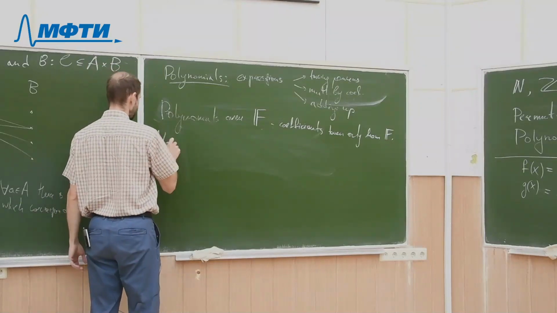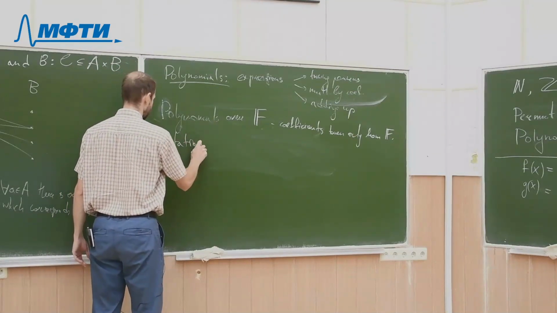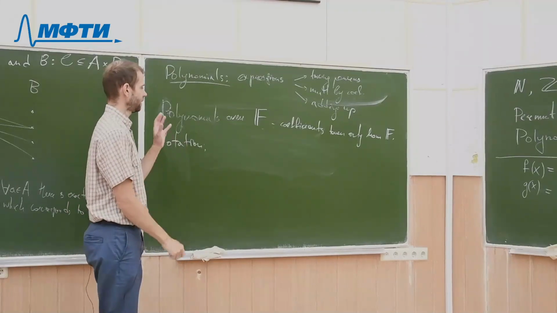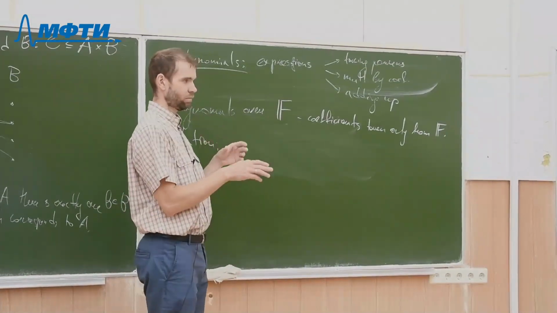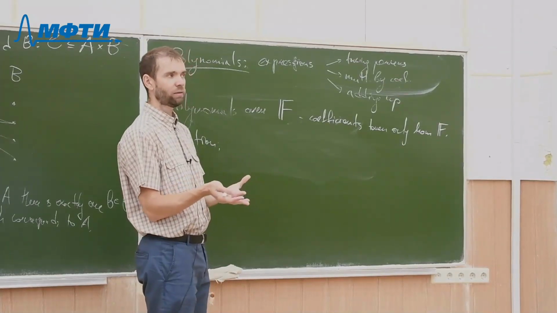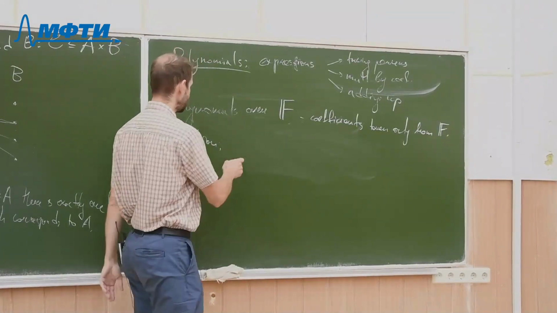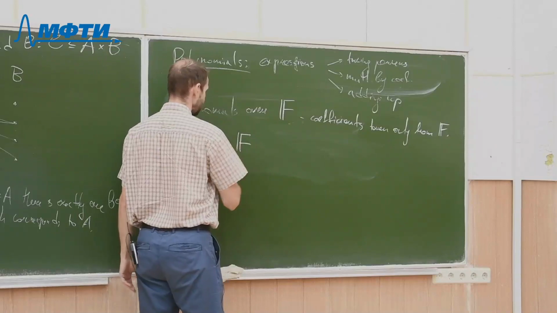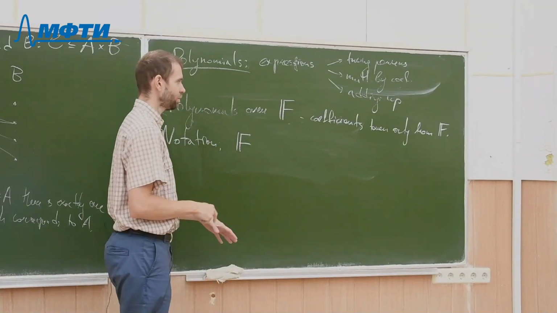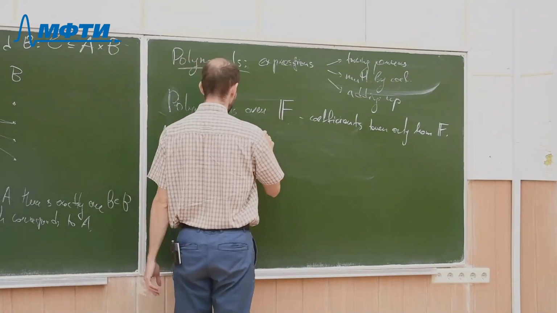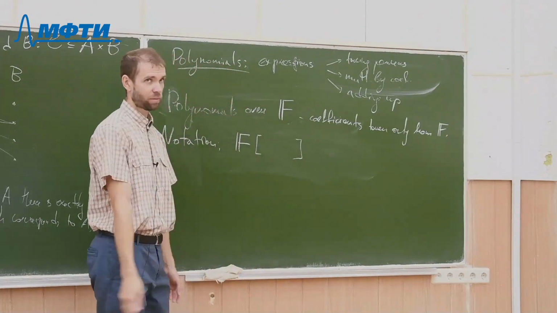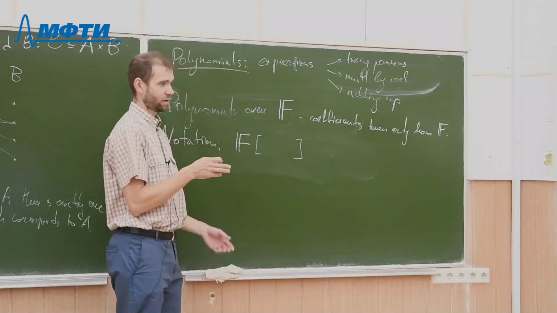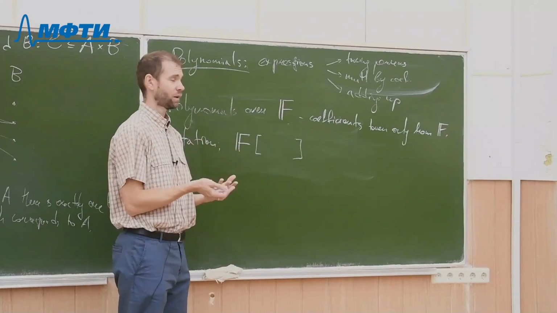And the general notation of polynomials that have coefficients from F and that have variables like x, y, for instance, is like this. We put the name for the set of coefficients that we use, then we put square brackets, and then inside these square brackets, we put the variables that we can use in our polynomials.